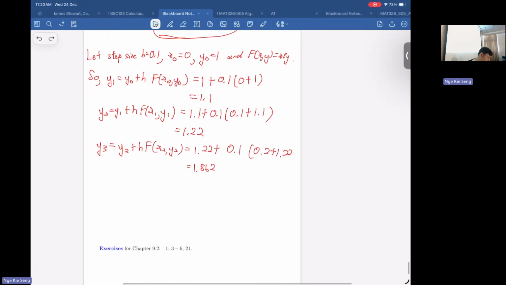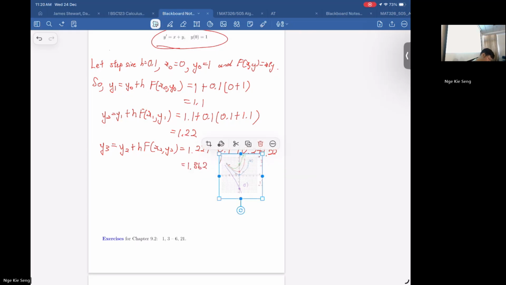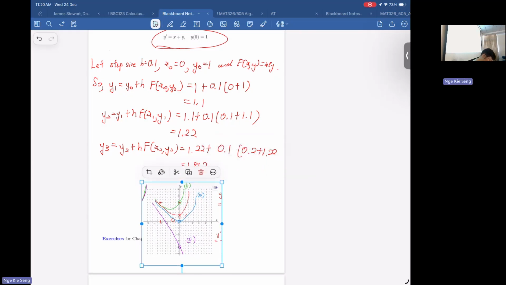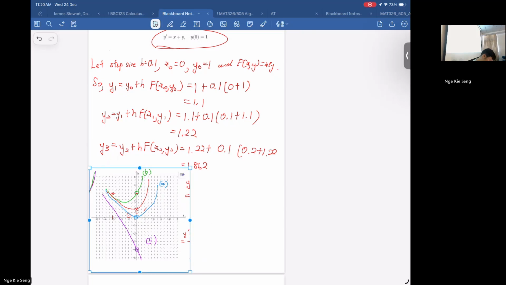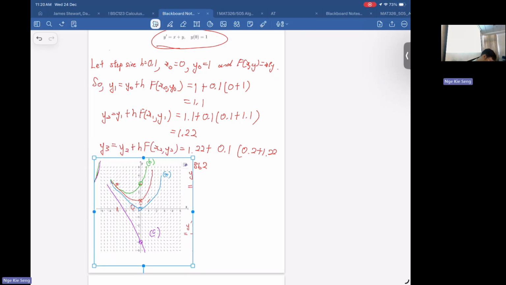Okay, let's verify this. Is it true or not? Is it close to what we drew here? Give me the photo. Good. Okay, so let's check it. You shouldn't scale it too much.